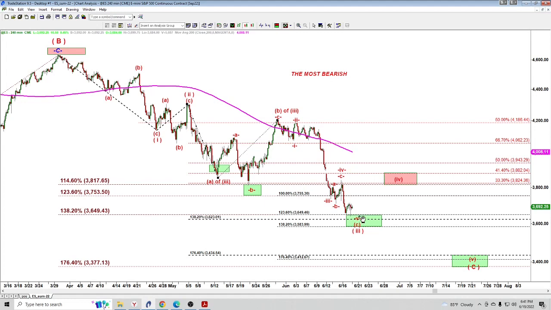Tuesday, and from where we could get a corrective ABC up structure to 3820 or 3880, because when we deal with wave 3 down followed by corrective wave 4 up, we measure wave 3 and we look at two retracements, 33.3, 41.4.